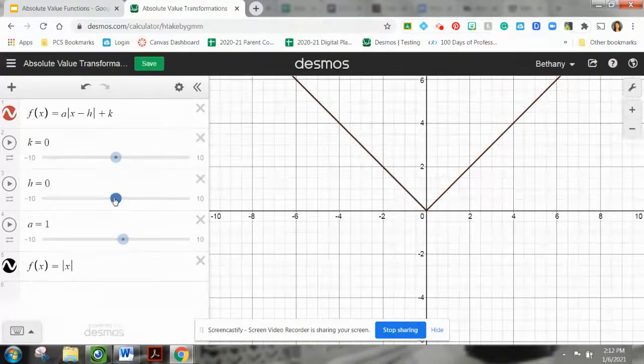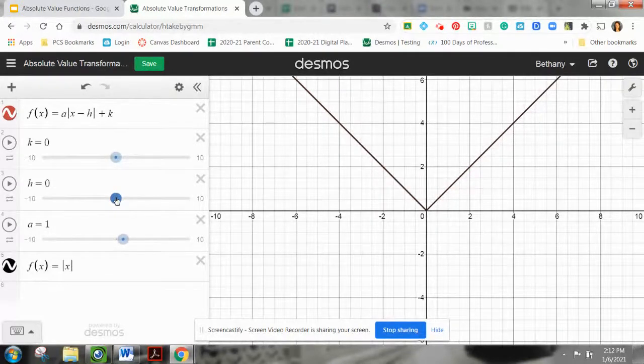Now I'm going to go to h. Now I'm going to make h positive. Take a second. Think back to last semester when we had h in our vertex form of our quadratic. What did that do?